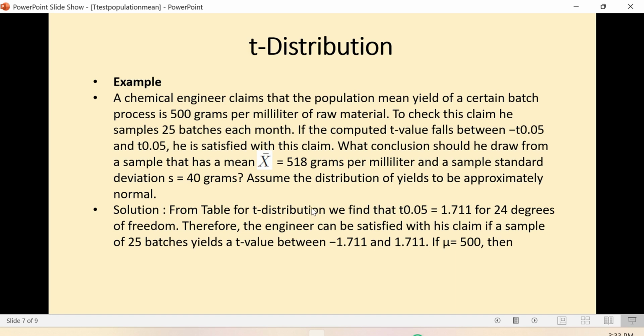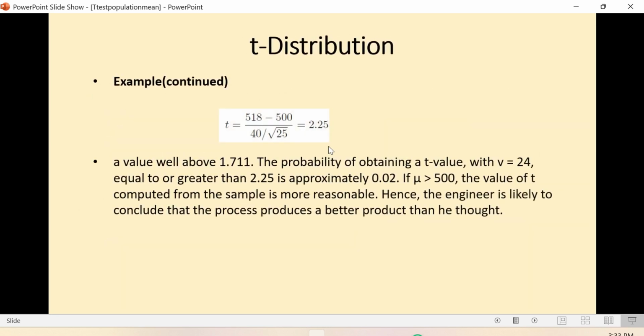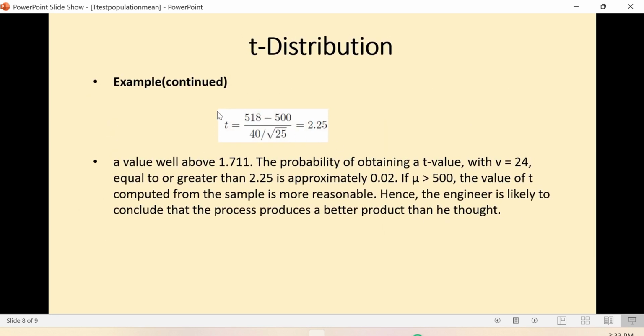And from the sample, we have 518 and 40 for the standard deviation. So we can calculate the test statistic using 518 minus 500, divided by the standard deviation over the square root of the sample size. This value is 2.25.